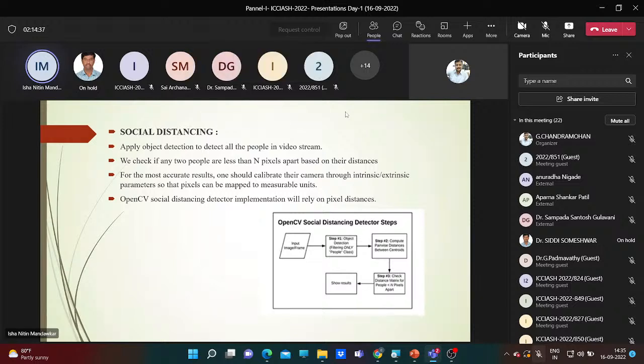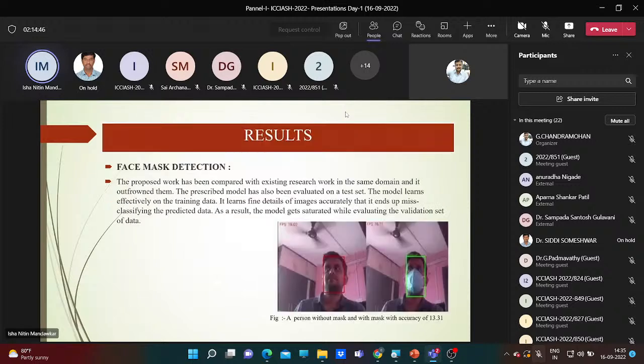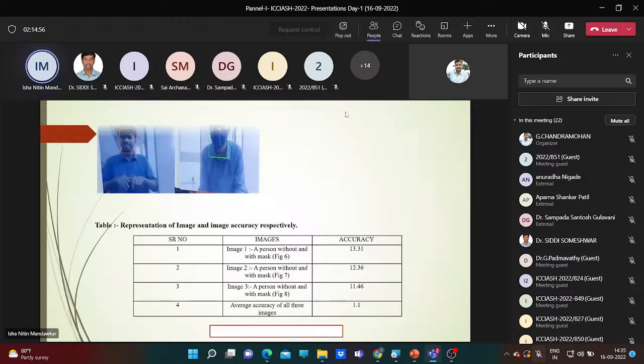In social distancing, the same thing follows, but here we make sure that the distance is less than n pixels apart. You can see in the figure that the person is not wearing mask, and hence it is displayed red, and he is wearing mask, and hence it is displayed green.